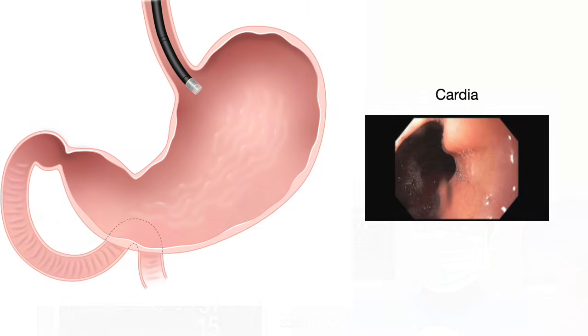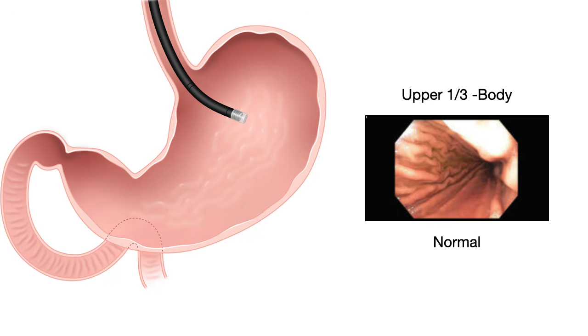So here the endoscope has gone into the stomach, that is the cardia. And as soon as the endoscopist enters the cardia, he tries to turn his handle to the left so that the endoscope drops into the upper portion of the body of the stomach and the fundus of the stomach.